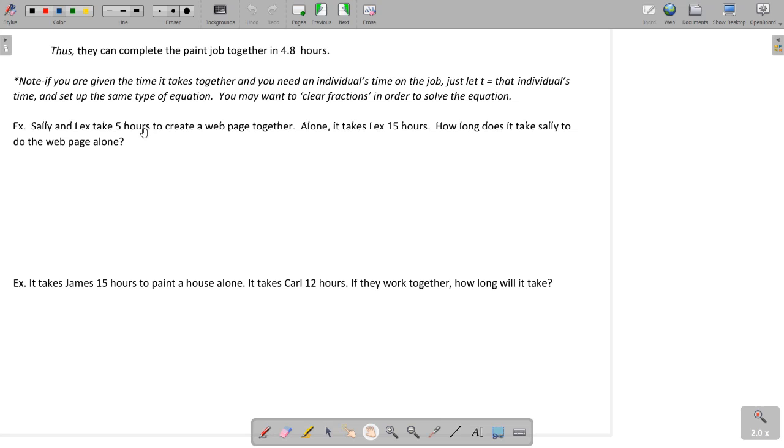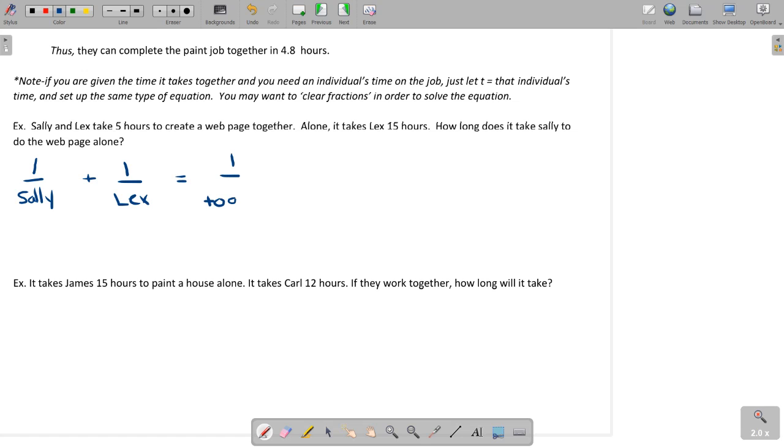Here we go. So here you have, it's Sally and Lex take 5 hours together. Alone, it takes Lex 15 hours. How long does it take Sally alone? So here's the formula. You have 1 over person 1. So we're going to make that Sally. Plus 1 over person 2. So that's Lex. Equals 1 over working them together.